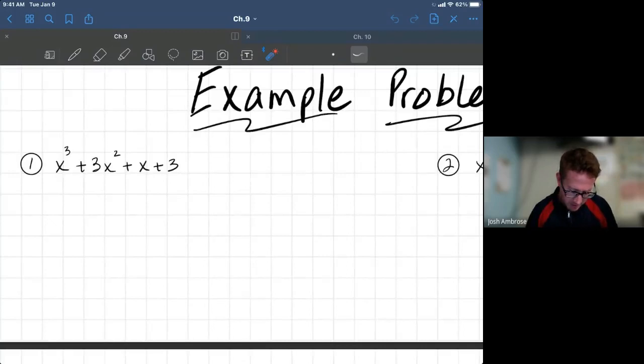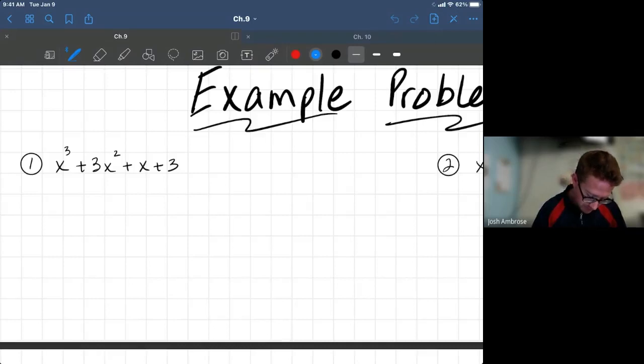So the way I see this written, everything's all good as is. X plus 3, I can't change that. But these guys, x squared and x to the power of 3, they already share 2 x's. So let's go ahead and group these 2 together and group these 2 together, leave it as is.